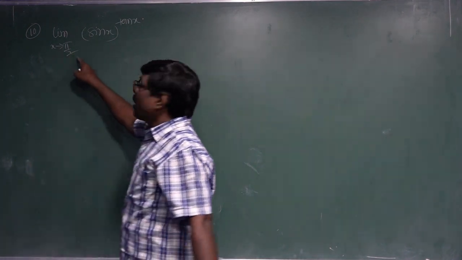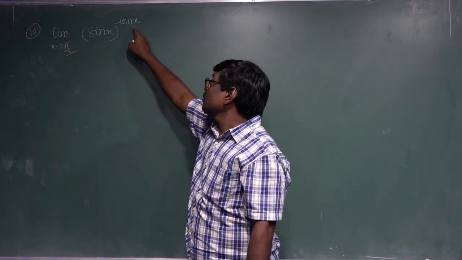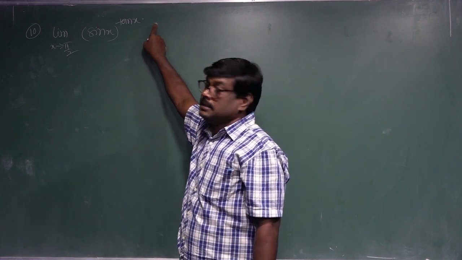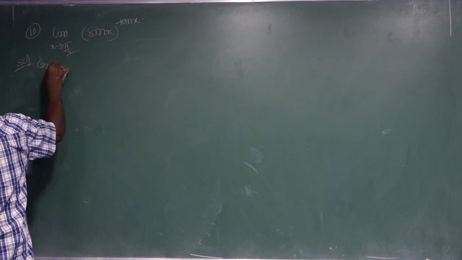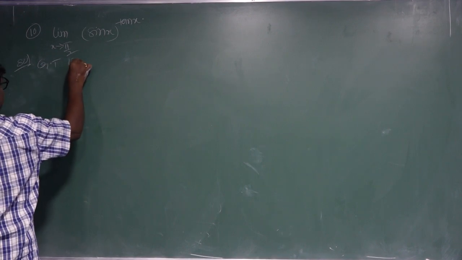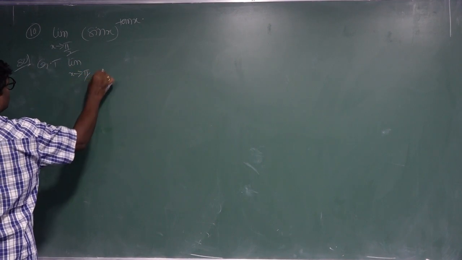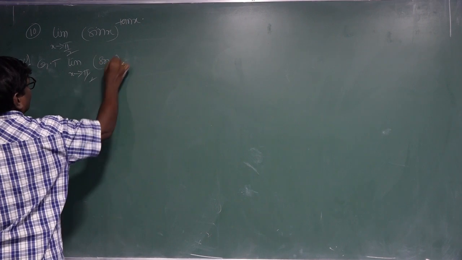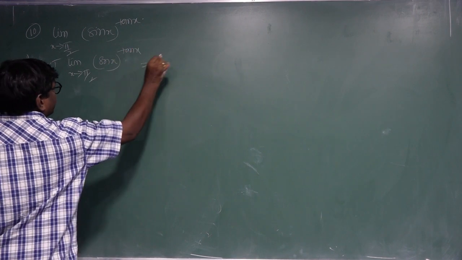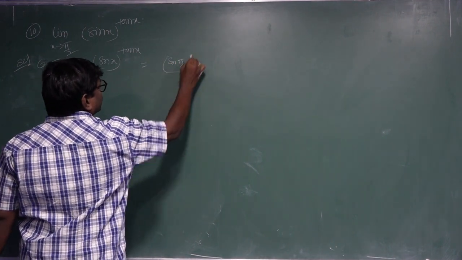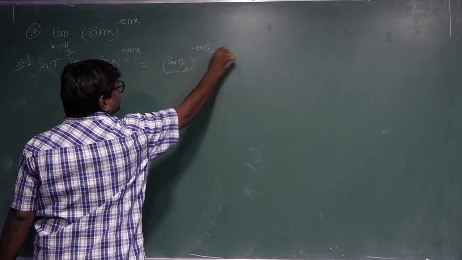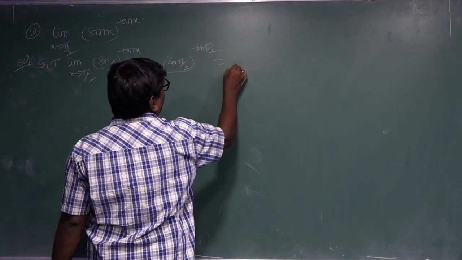Limit as x tends to pi by 2 of sin x power of tan x. The solution: given limit as x tends to pi by 2 of sin x power of tan x. Directly applying, sin pi by 2 into tan pi by 2 gives 1 power of infinity.